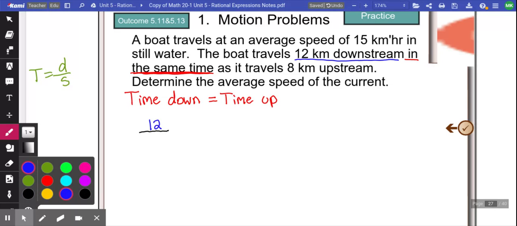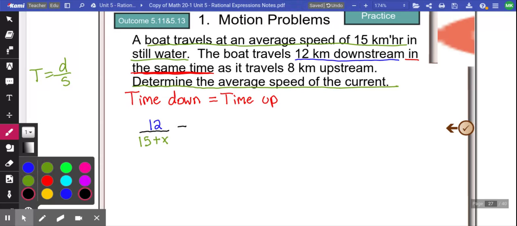They told me that a boat travels at an average speed of 15 kilometers an hour in still water. So the boat is going 15 kilometers an hour. But because it's going downstream, I have to add x because I'm getting that boost from the current. And I don't know what that boost is. In fact, the question says, determine the speed of the current.